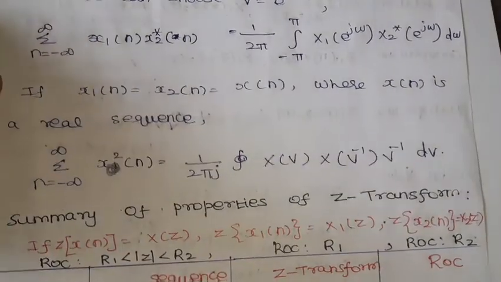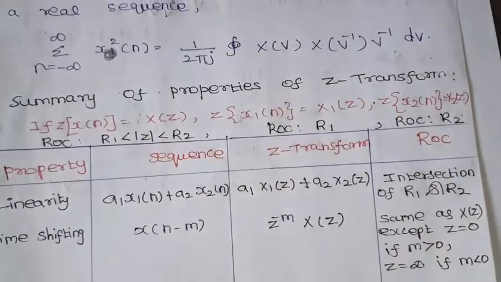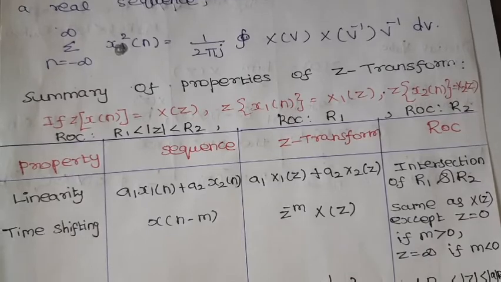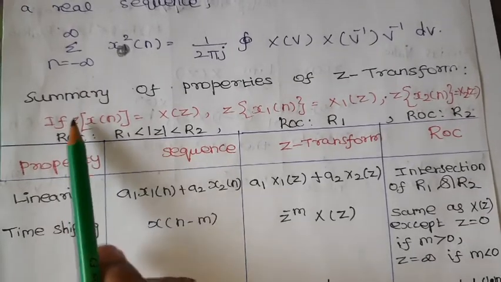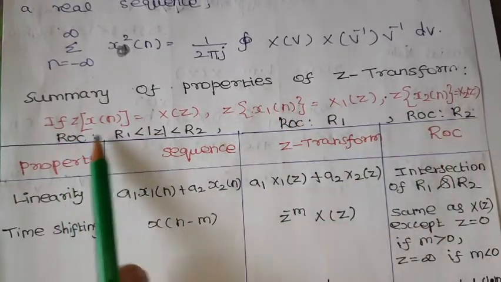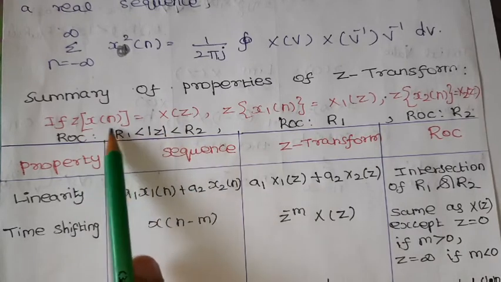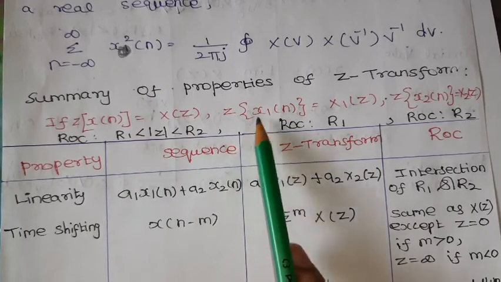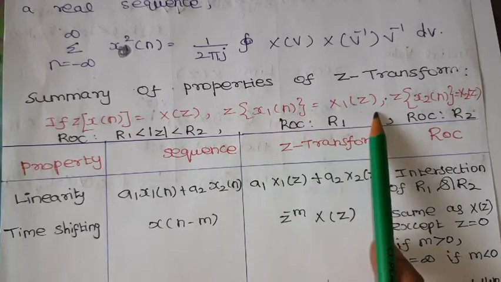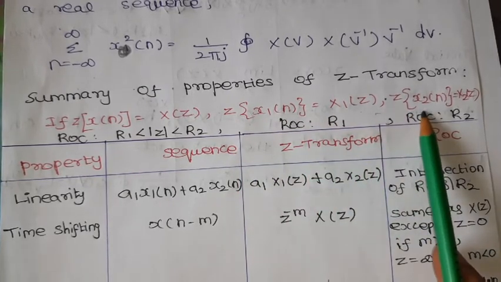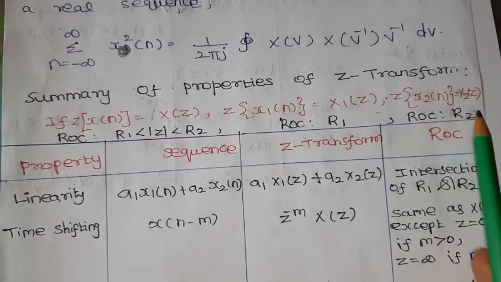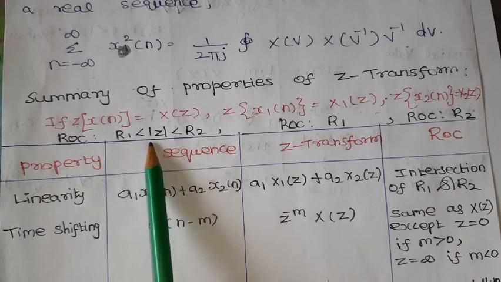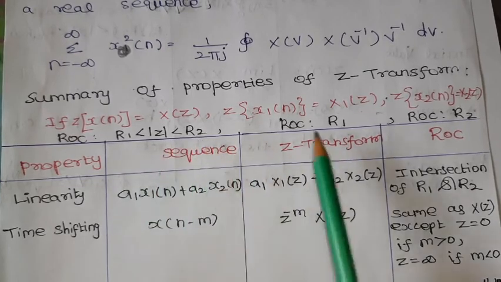Let's quickly see the summary of properties of Z transform and its ROC. If the Z transform of x of n is x of Z, Z transform of x1 of n is x1 of Z, and Z transform of x2 of n is x2 of Z, the ROC will be R1 less than mod Z less than R2.